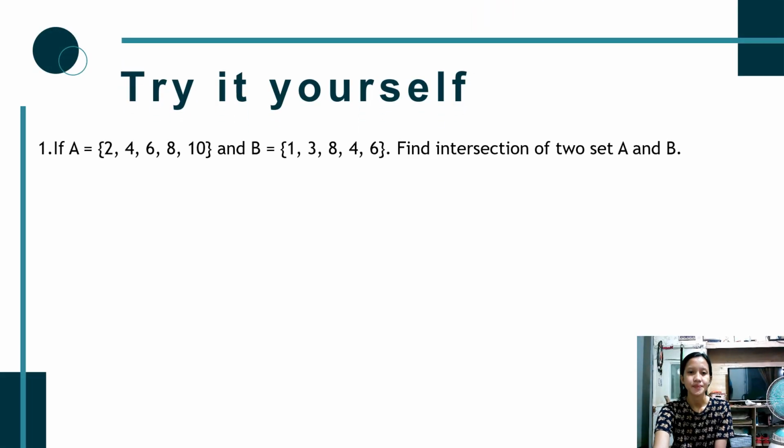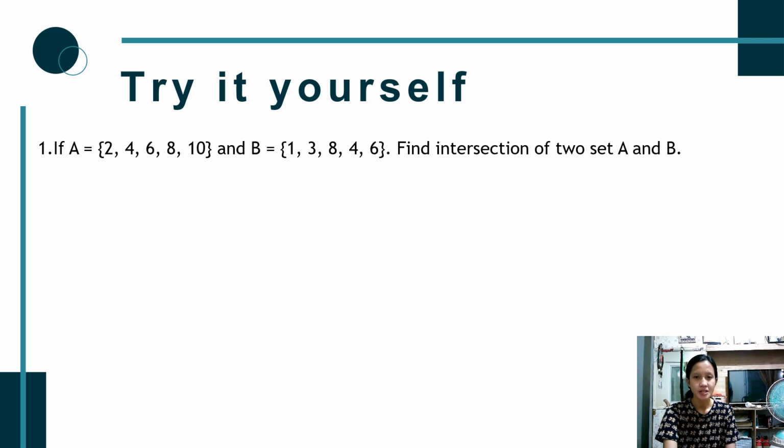Let's try. If A is equal to 2, 4, 6, 8, and 10, and B is equal to 1, 3, 8, 4, and 6, we will try to find the intersection of the two sets, set A and set B. The common elements, I believe, are 4 and 6. And 8 is present also, yes. There's no number 10.